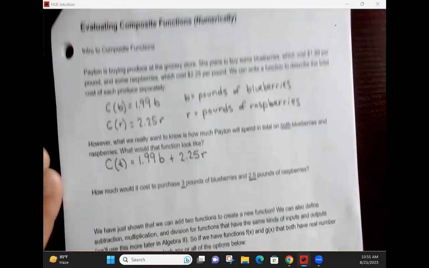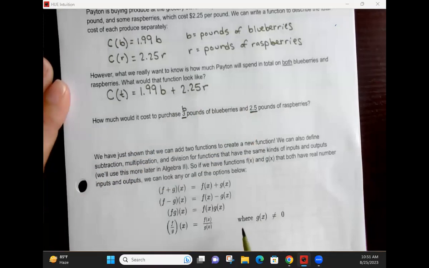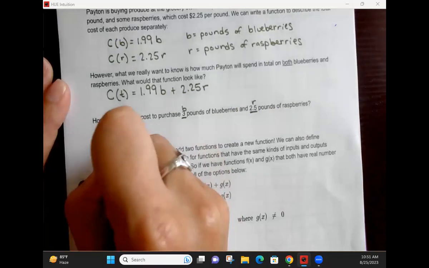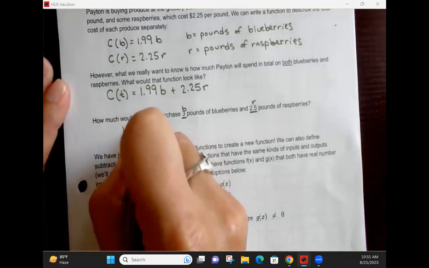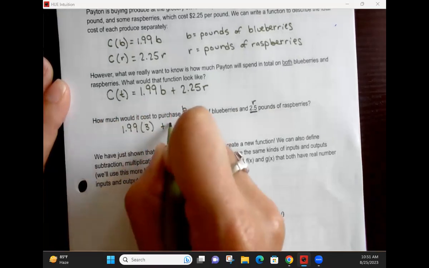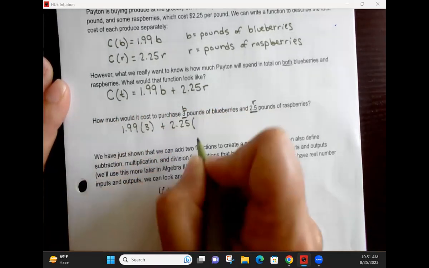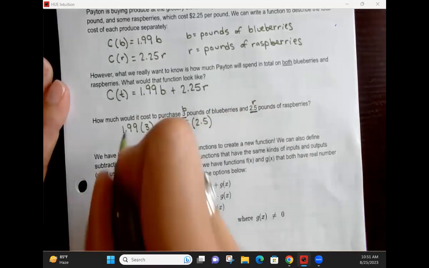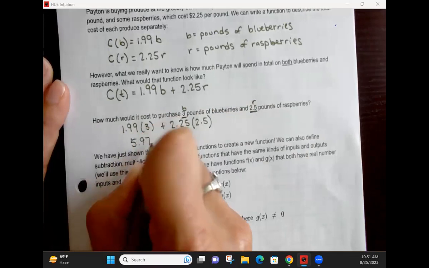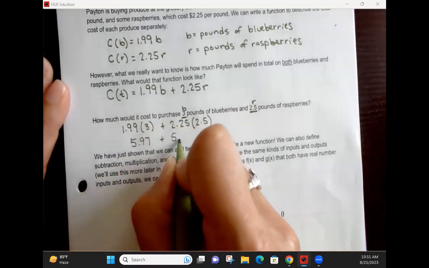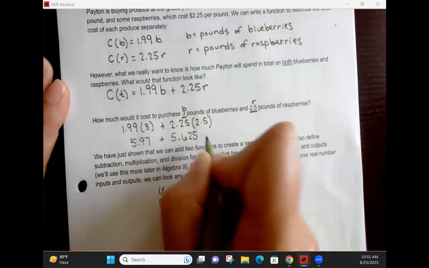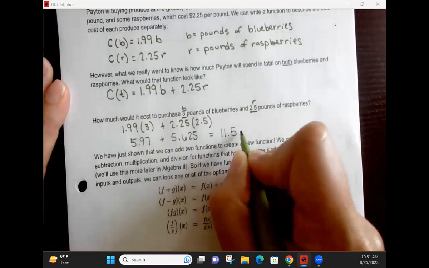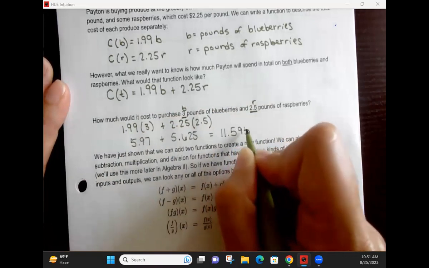So 3 is how many pounds of blueberries, so that's our B. 2.5 is our pounds of raspberries, so we plug that in for R, and we'd have 1.99 times 3 plus 2.25 times 2.5. We get 5.97 here plus 5.625, and I add those up and we get 11.595.